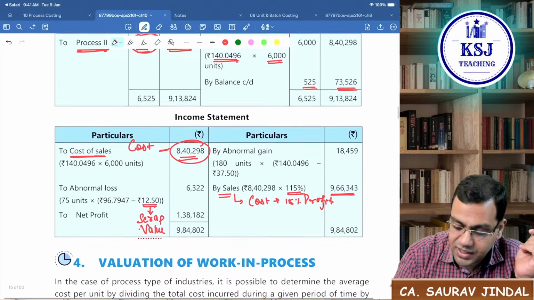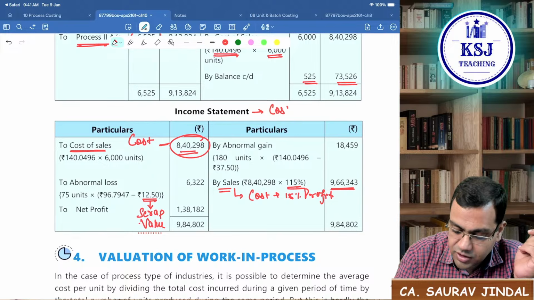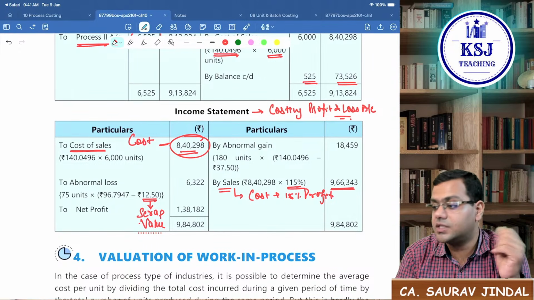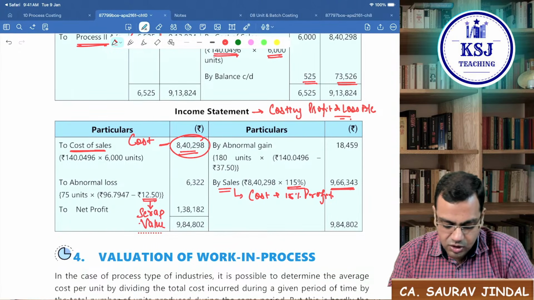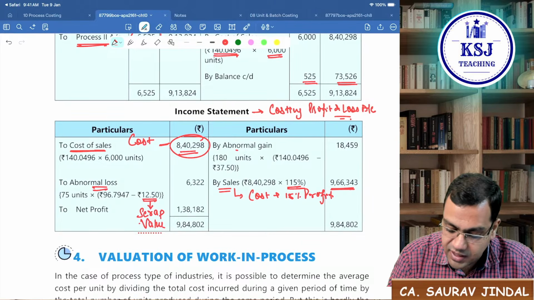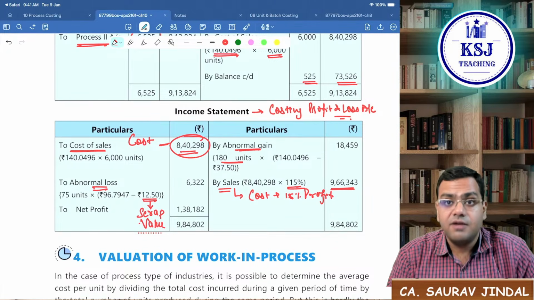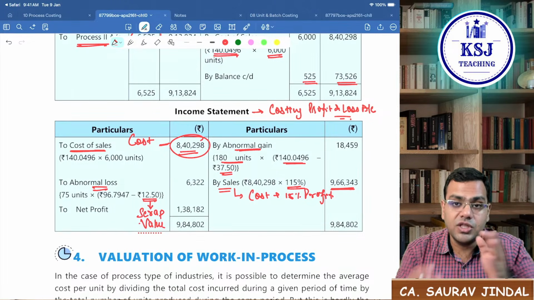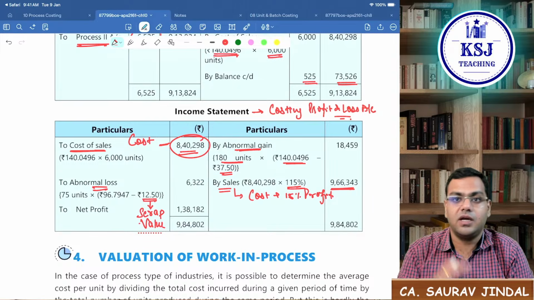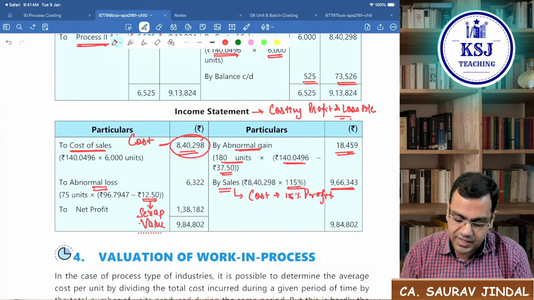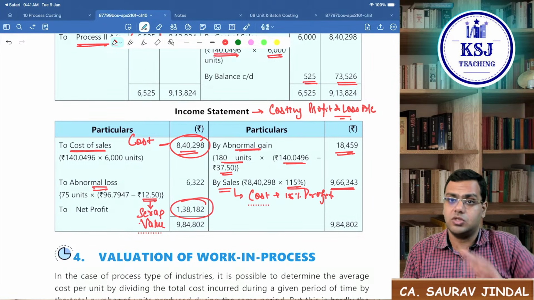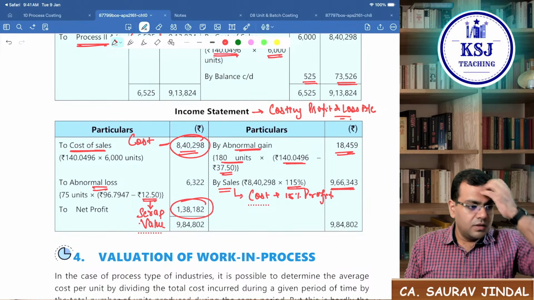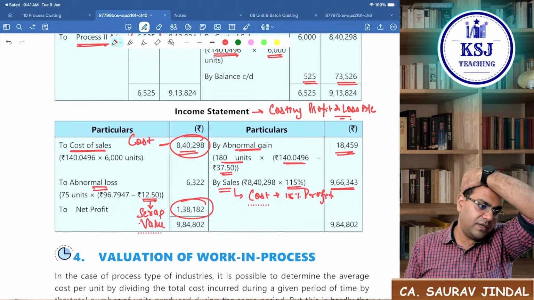So this income statement is nothing but your costing profit and loss account. Similarly, whatever abnormal gain you are having, 180 units valued at 140.0496, but you are getting a scrap value of 37.5. So this you will reduce. The remaining value only will be taken to costing P&L. So you will get a net profit, or it can be a loss also. Is that clear, everyone?